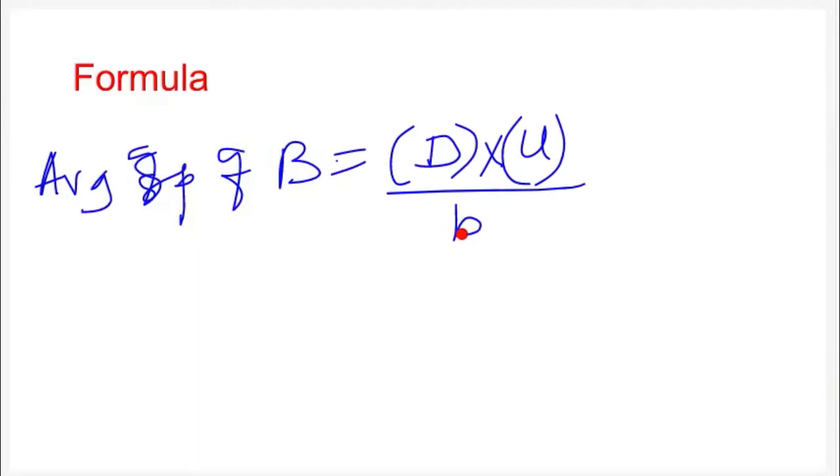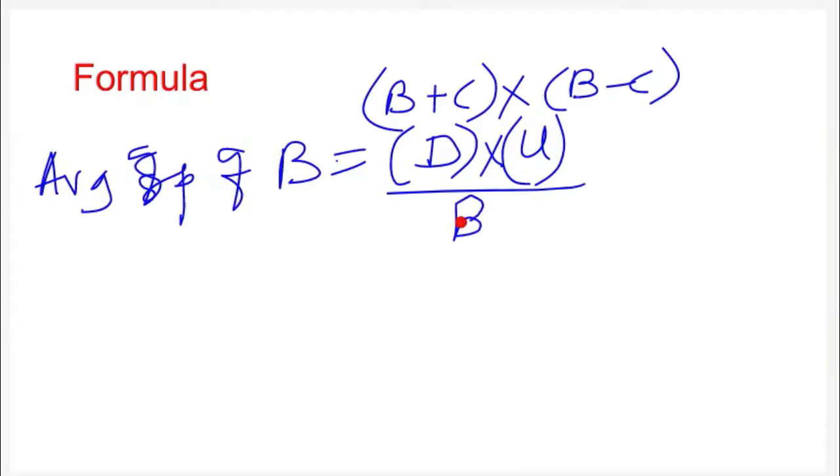That is B plus C into B minus C upon B. Note it down, and if it is clear, say yes. We'll move ahead to the question.